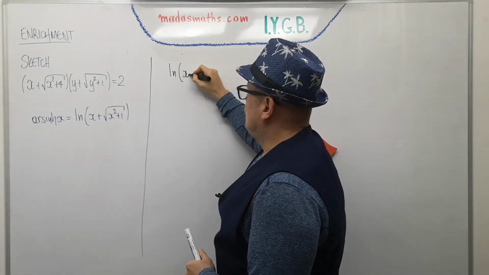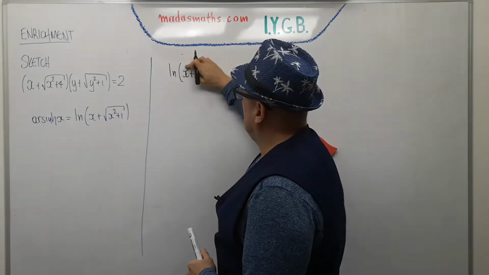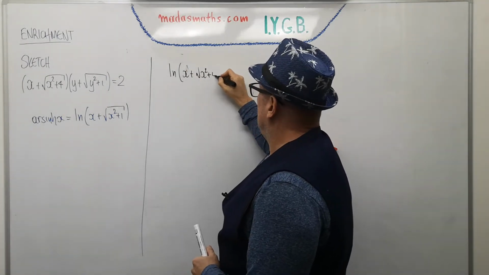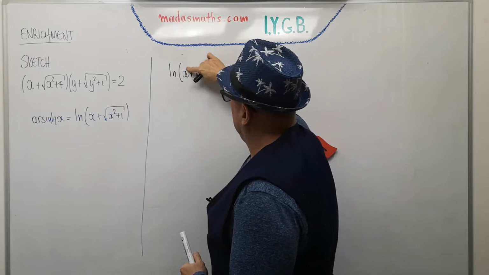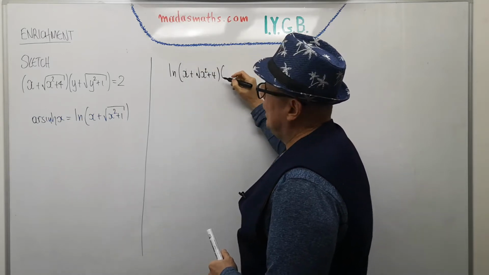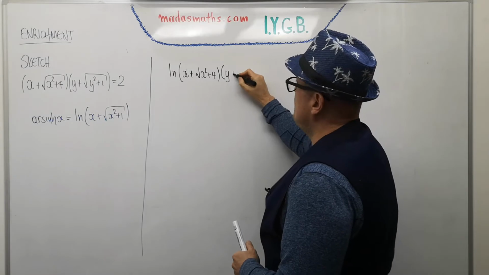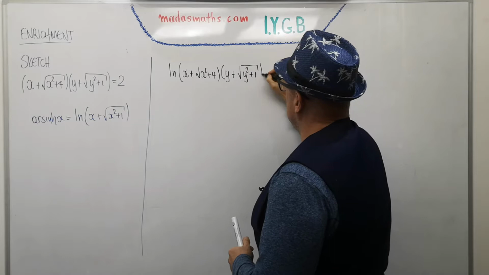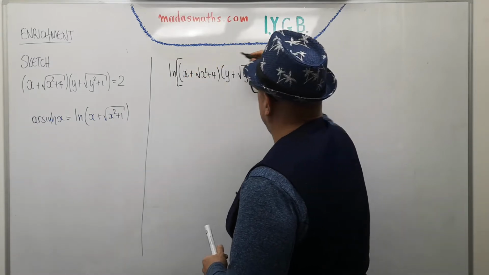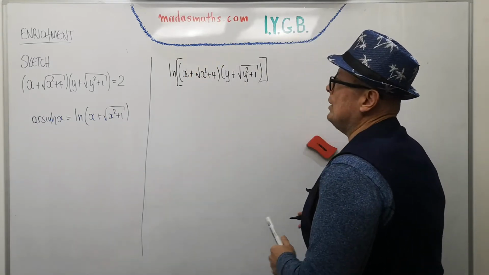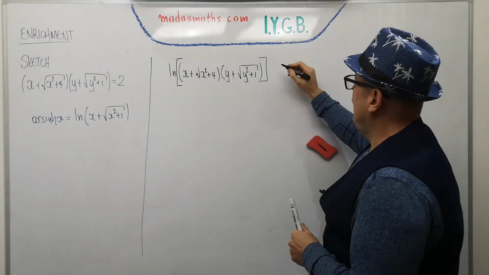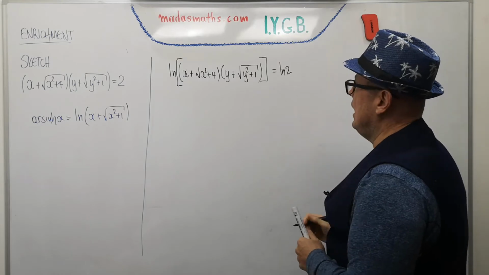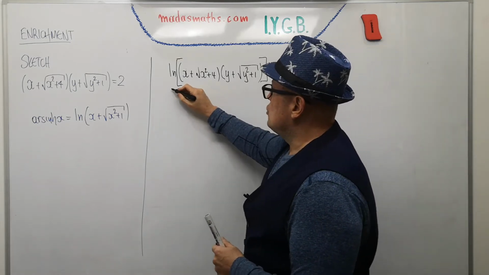So the log of x plus the square root of x squared plus 4 and y plus the square root of y squared plus 1. And let's put another bracket to show better what we're doing. So we're taking the log of the left-hand side, which is equal to the log of 2, which is just a constant, and this will allow us on the next line to split the log.